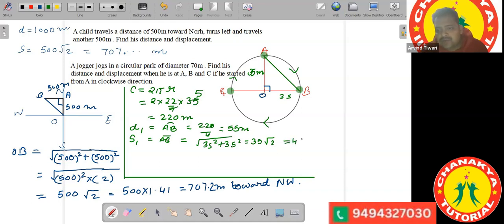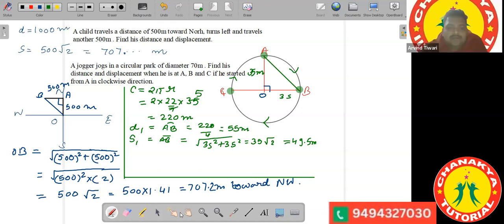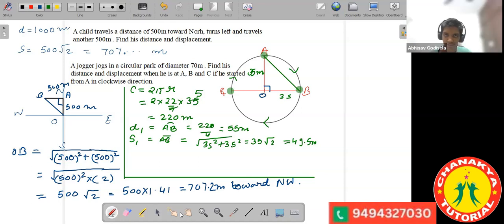You get 49.5 meter. So is there anyone who had obtained the same answer? Sir, I got the same 49. Sir, I got the distance same, but 49, not 49 point.